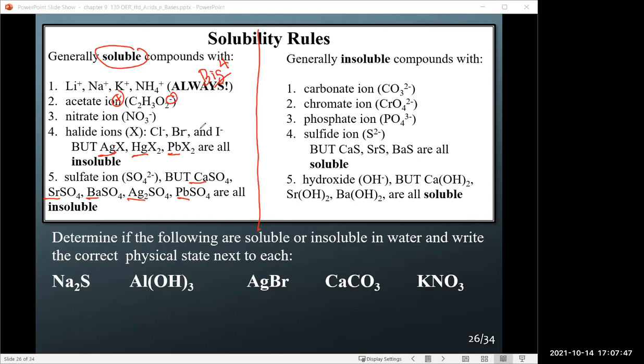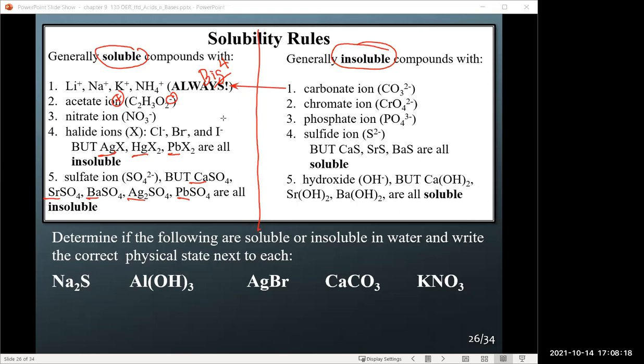Okay. So next column on the far right, this is the insoluble column. By referring to that, it says everybody in that right column is insoluble. Okay. So let's take the carbonate ion. Carbonate ion, regardless of who it is bonded to, it is classified as insoluble, except when it's bonded to the big four.